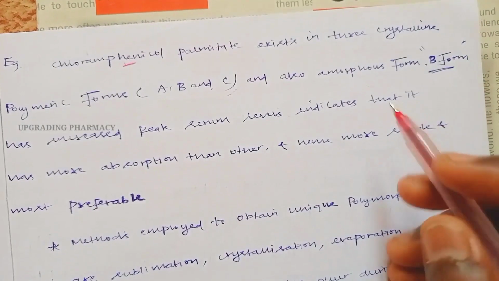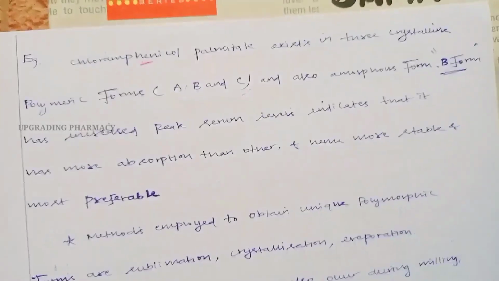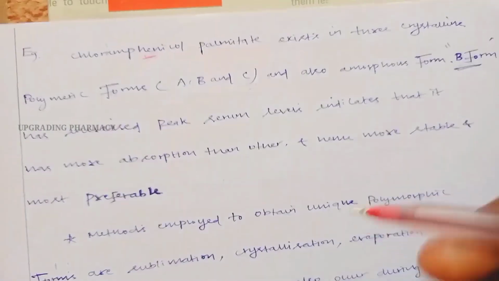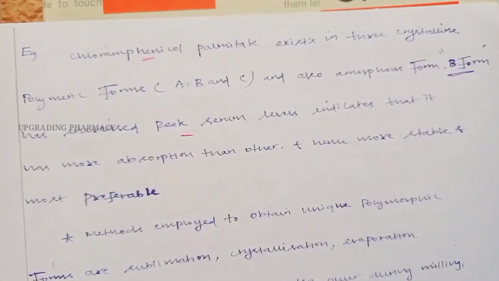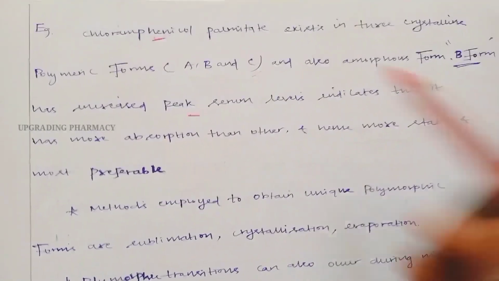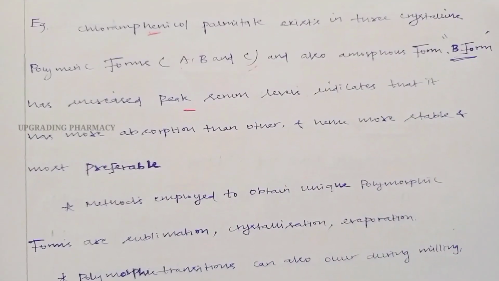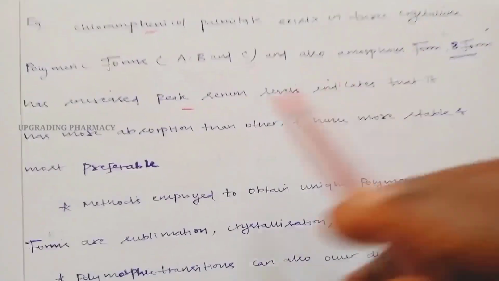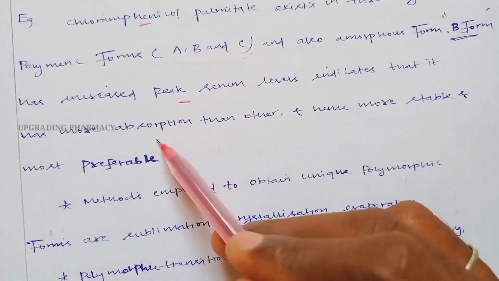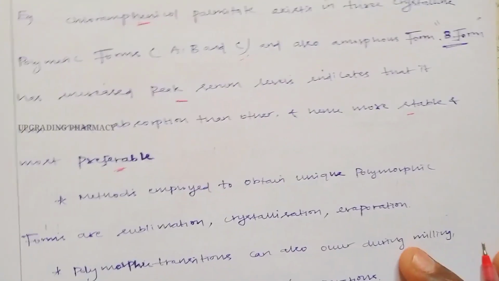In the crystalline forms, form B has the highest peak serum level, which indicates that it has more bioavailability than A and C. So we can make chloramphenicol palmitate in the crystalline B form, which has higher absorption, is more stable and is the most preferable. This is one example of polymorphism.